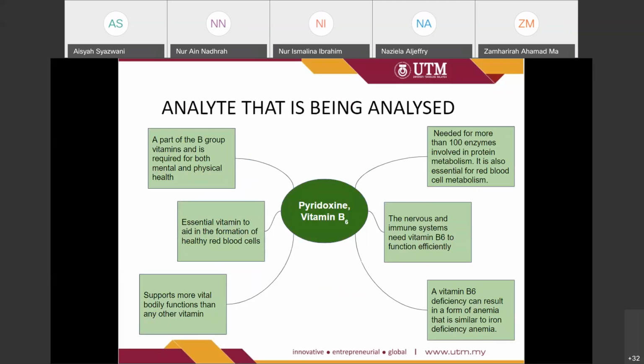For example, this vitamin is needed for more than 100 enzymes involved in protein metabolism. And the nervous and immune systems need vitamin B6 to function efficiently. A vitamin B6 deficiency can result in a form of anemia that is similar to iron deficiency anemia.